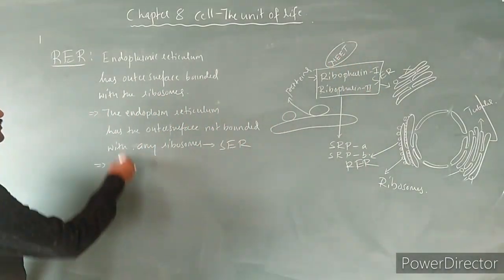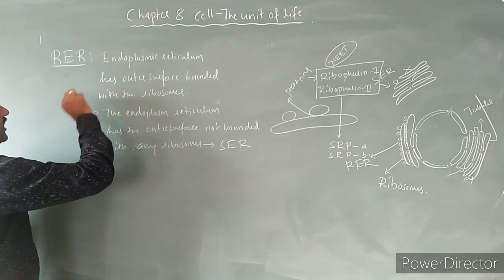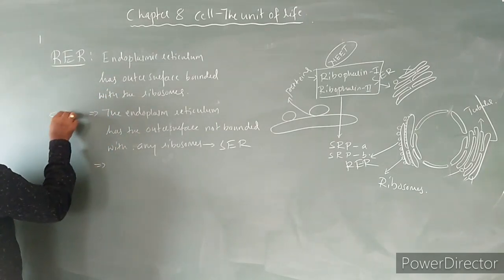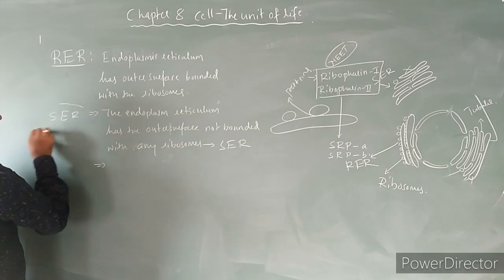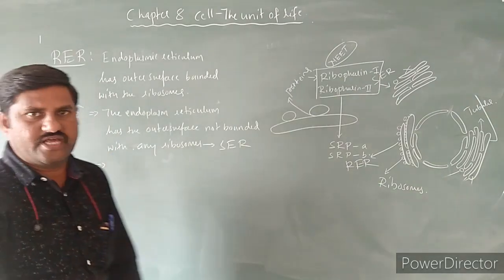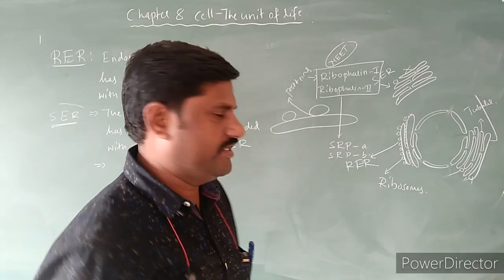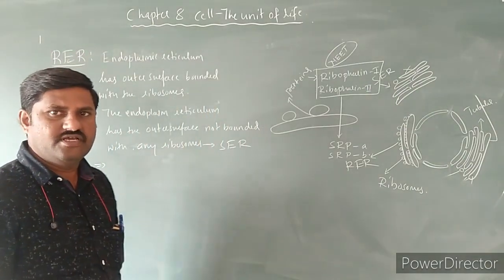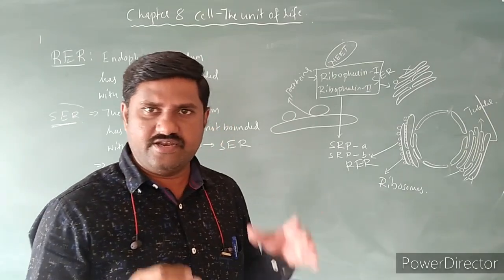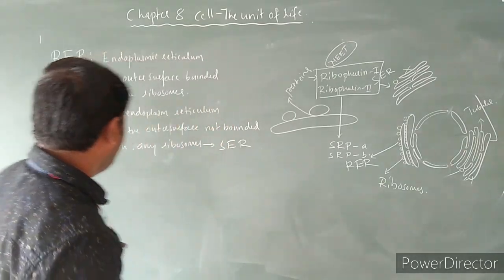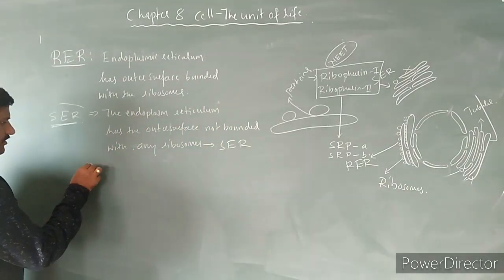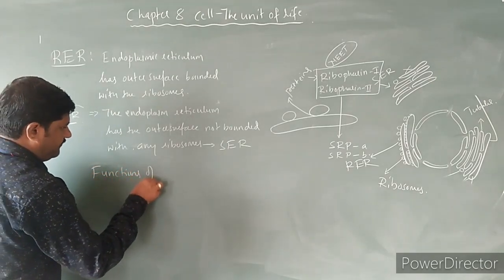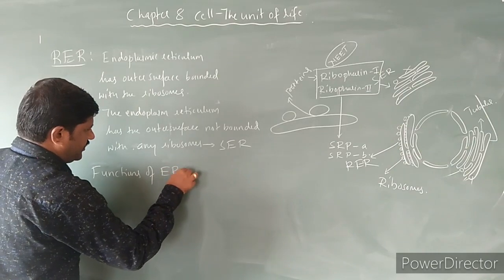Next one. So there are two types: one is RER and another one is SER. These are the two types that we come across here. And now we shall start with the functions of the endoplasmic reticulum.